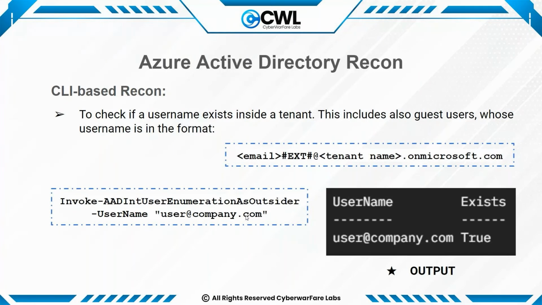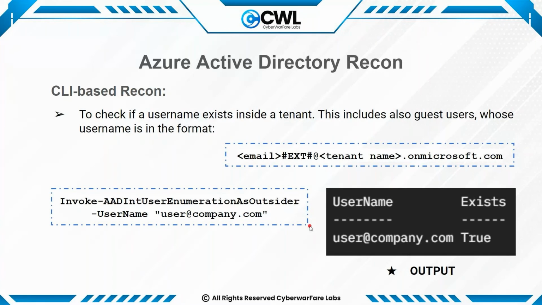This command might provide some information such as whether the user exists in the Azure AD domain or not. We can gather information like name, department, or other metadata as well. As you can see here, it has given True as output, which means this particular user exists. This is just a sample result. We'll be demonstrating it.